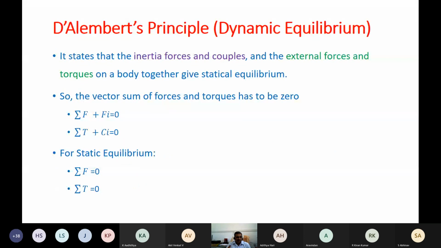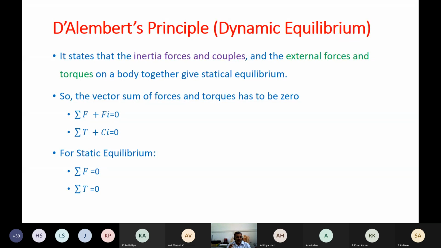Now, if you have a static body and want to write an equilibrium equation, then net force is equal to 0 and net torque is equal to 0. That is the equilibrium equation. But for a body in motion, in dynamics, you can also write an equilibrium equation. In that equation, it is not the net force alone, but the net force acting on the body plus the inertia force together that will be in equilibrium.